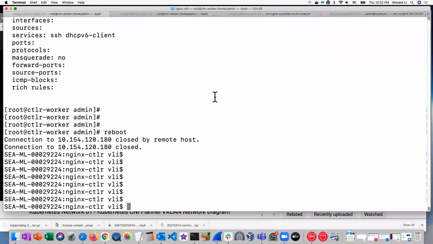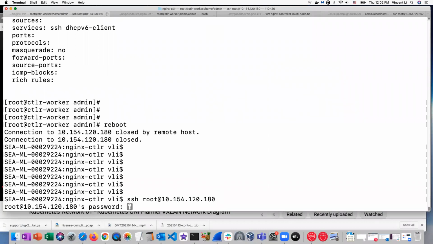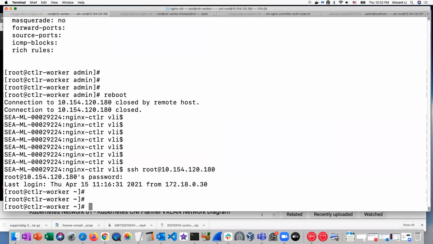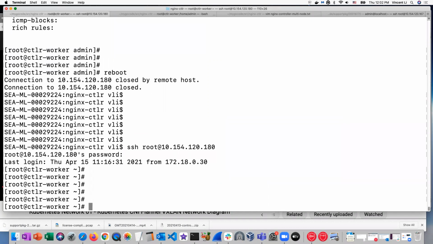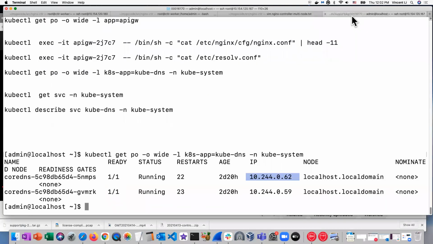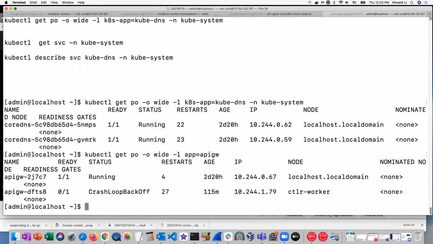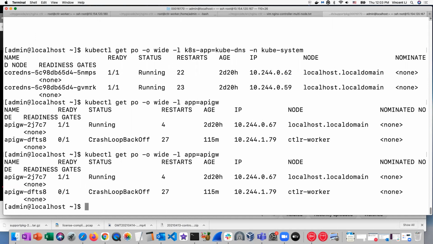So we redeployed to the worker node. Has it come up? It's coming up. And let's look at the pod, see if it's running. Let's remove this one. I think this is the old one.